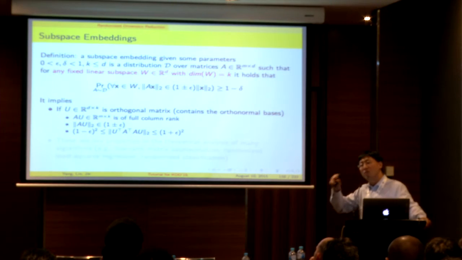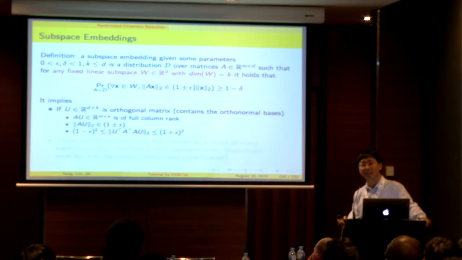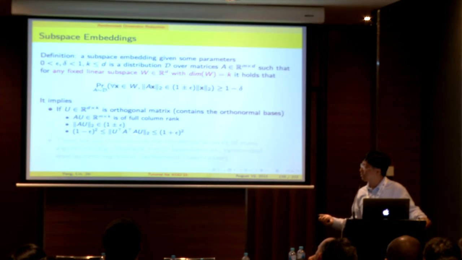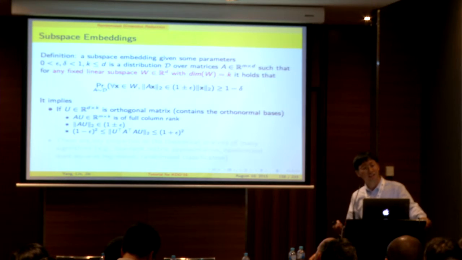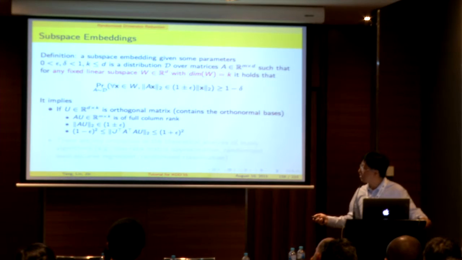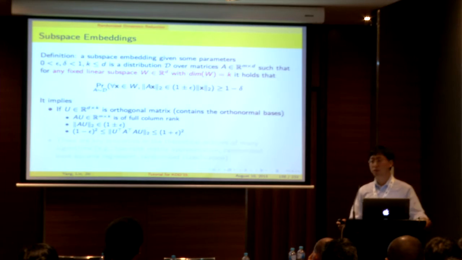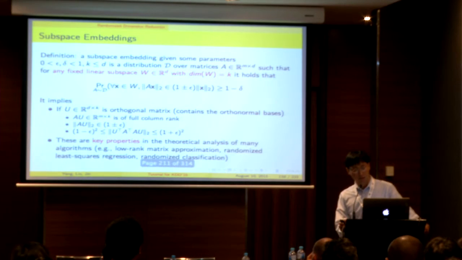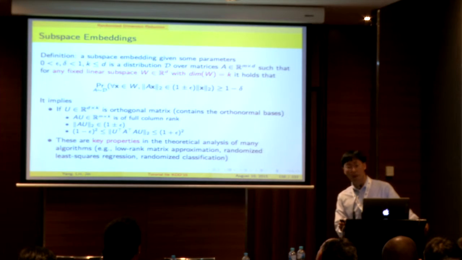So these columns are still linearly independent. The singular values are very close to 1, and if you calculate this matrix transpose times itself, it is very close to the identity matrix. So this is very close to U transpose U, and U transpose U is actually the identity matrix. Okay, so these are the nice properties that will be used in the theoretical analysis of many randomized algorithms. For example, low-rank matrix approximation that I will talk about later, randomized least squares regression, and randomized classification.